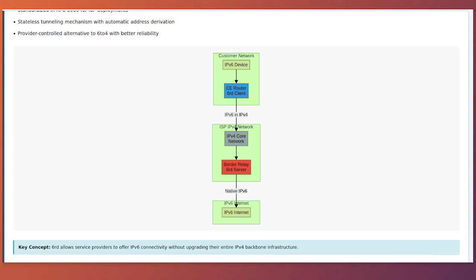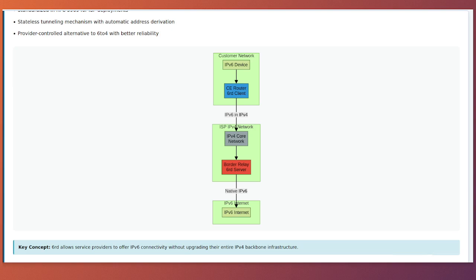Replacing all of this overnight is neither practical nor economically feasible. 6RD provides an elegant solution by encapsulating IPv6 packets inside IPv4 packets, allowing them to traverse the IPv4 network transparently. This means the IPv6 traffic from customer premises can reach the IPv6 Internet without requiring every router in the provider's network to understand IPv6.